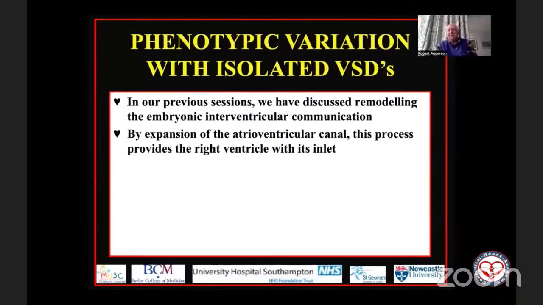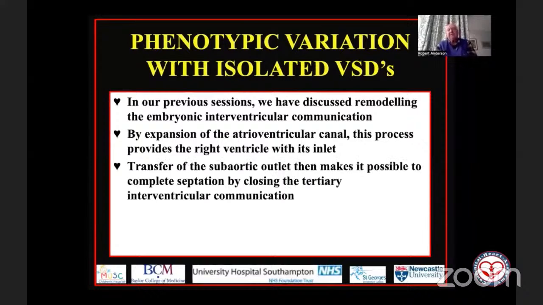And the first step we see is expansion of the atrioventricular canal. So this gives the right ventricle its own inlet, and then the interventricular communication, which is now the outlet for the left ventricle, is the secondary interventricular communication.